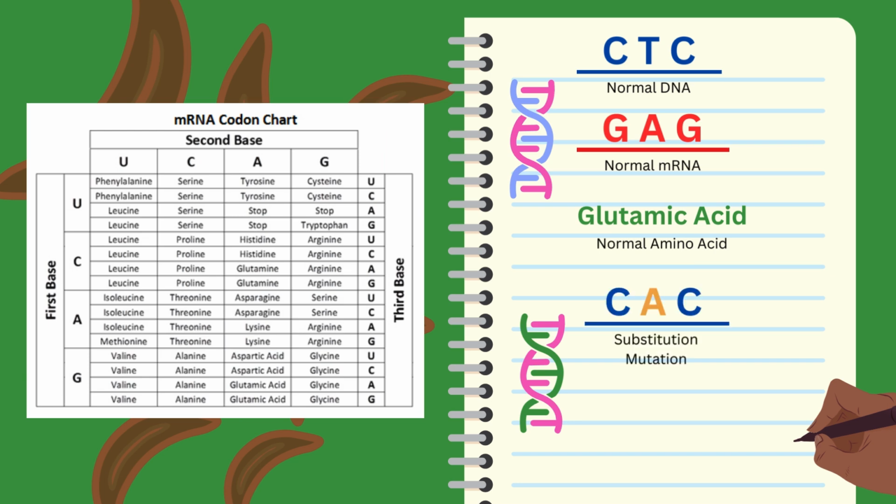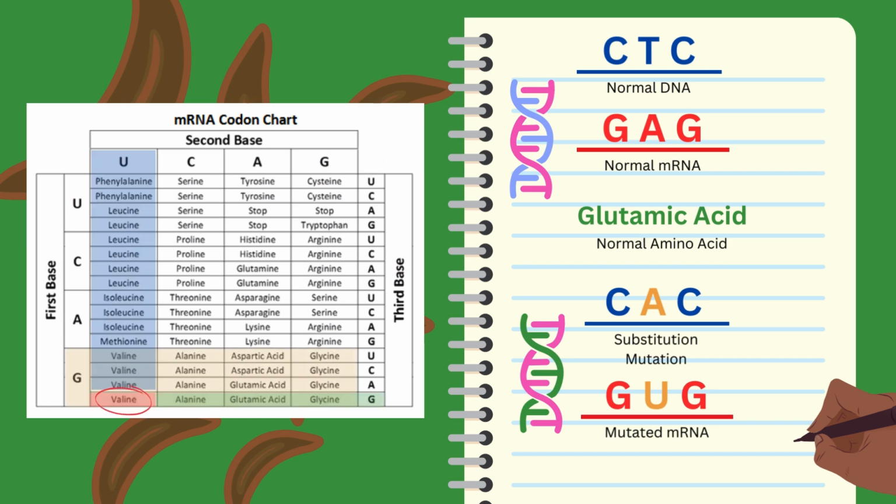Notice, the thymine was substituted with adenine. The corresponding mRNA is GUG. Remember, it should be GAG, so this mRNA is translated into the amino acid sequence, where GUG codes for valine instead of glutamic acid. This single amino acid change causes the hemoglobin protein to form fibers, leading to the sickle-shaped red blood cells.